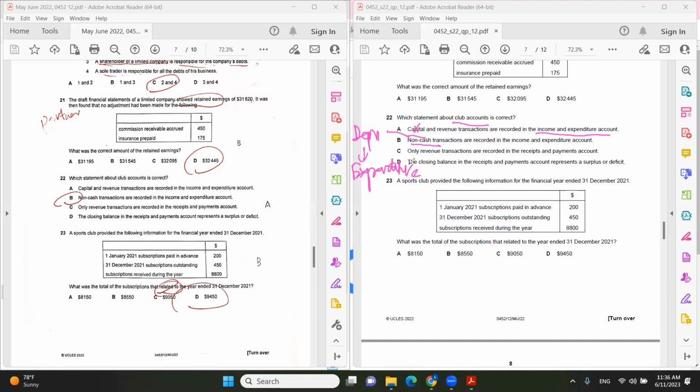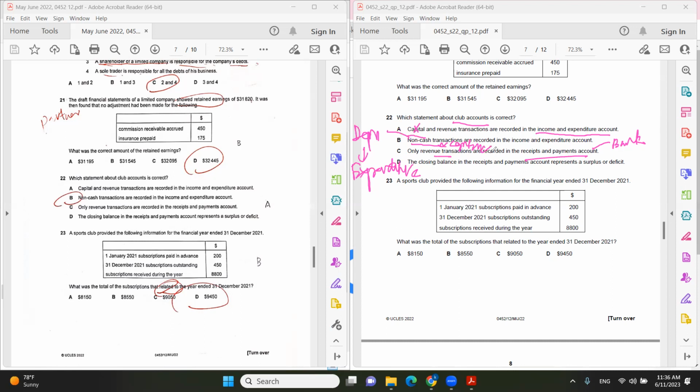Okay, next is that only revenue transactions are recorded in the receipt and payment. Revenue and capital transactions are recorded in the receipt and payment, meaning the bank account and cash account. Debit and credit side can be the non-current asset transaction.